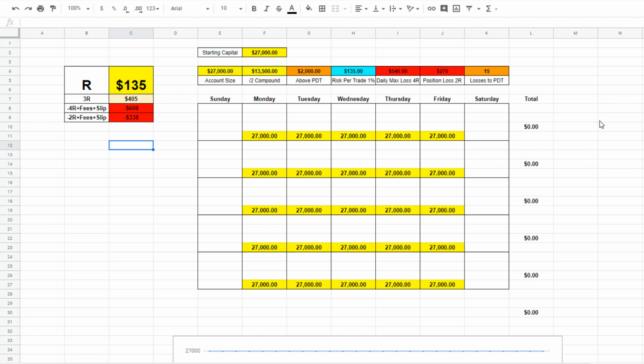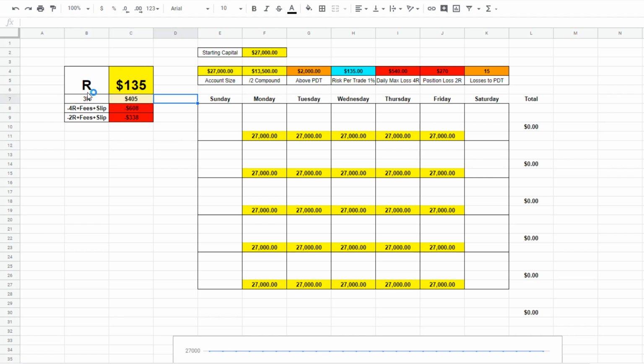In a lot of cases, 2% is something people will do as a very aggressive means of growing their accounts. 3% is extremely aggressive, and 1% would be pretty mild. Below that, you can do maybe 0.5%, whatever you want. You can adjust it to your own style, and I'll explain why that matters a little bit later on. And then we have here the 3R.